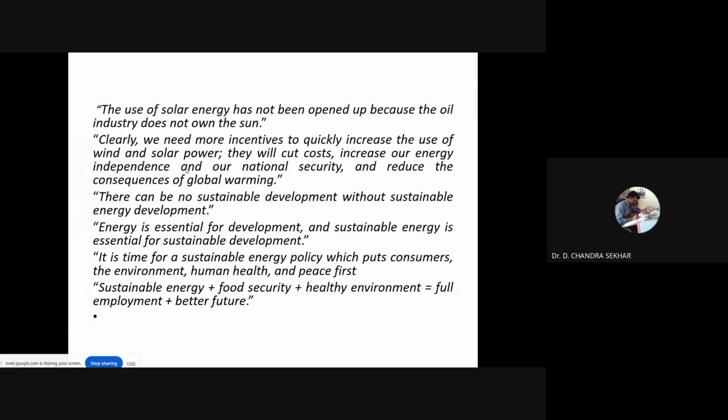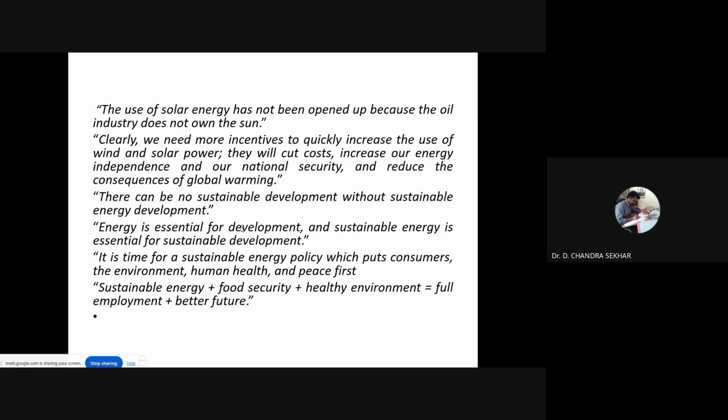It means the surface is getting heated, the surface is warming. With that heat, if we install solar plants, we can get more electricity. There can be no sustainable development without sustainable energy development. That means for the nation, we need to produce more energy in the form of clean and green energy.